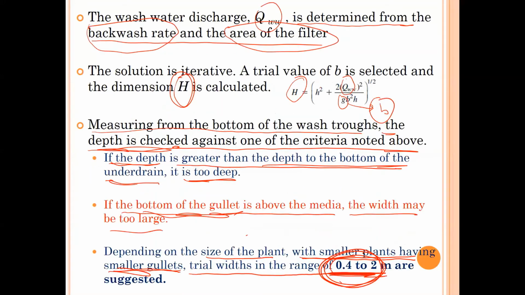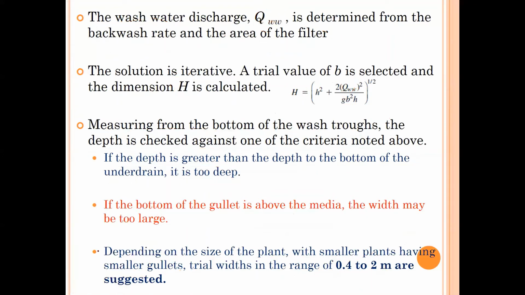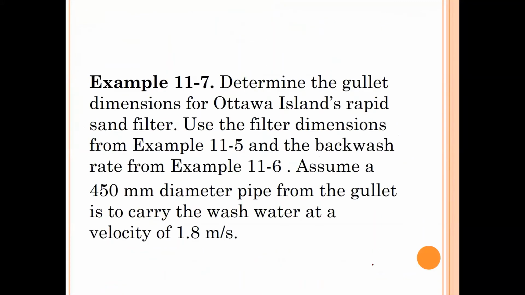Then we can find the backwash discharge, put it in here and select a value of B, which is the width of the gullet, and then check where this H is coming. Either it is too deep or the value of B you selected is too large. Usually we select the value of B within this range. So let's apply all of these things in one example.